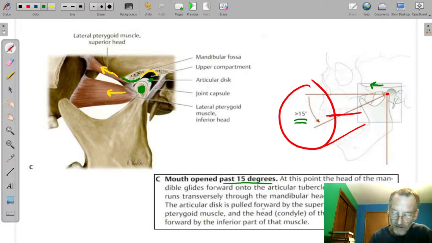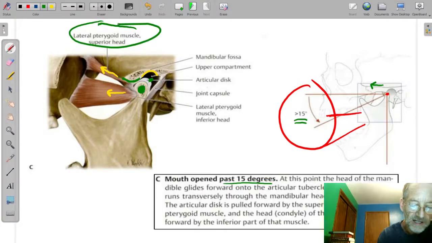The articular disc is pulled forward by the superior head of the lateral pterygoid. So here is the lateral head. And let me clean up the picture a little bit.